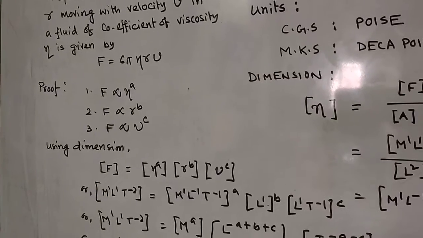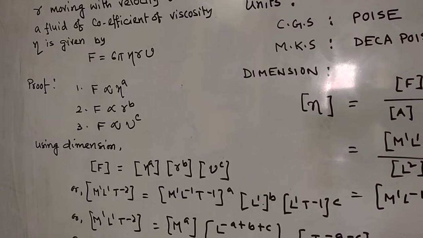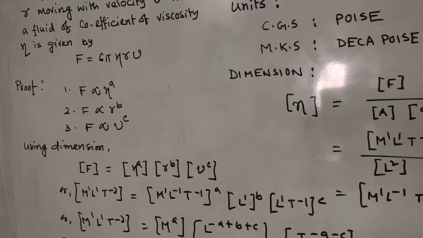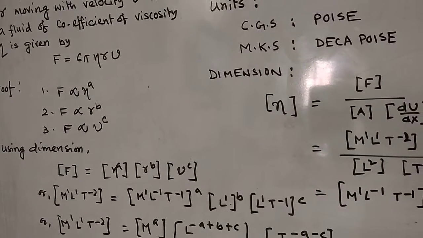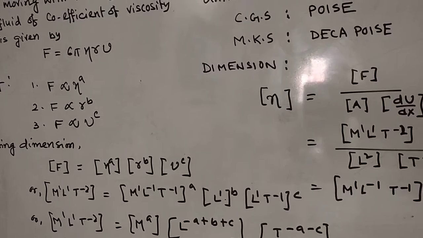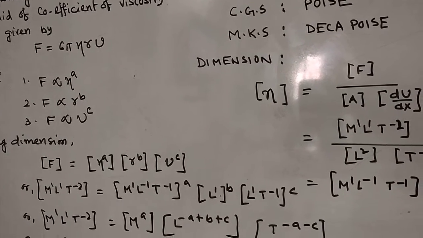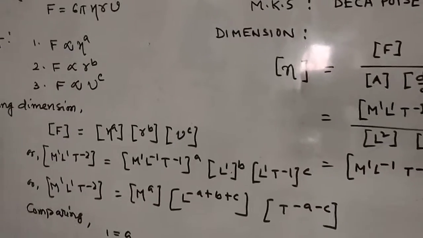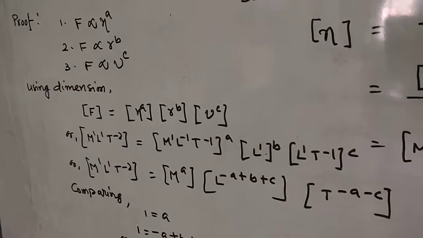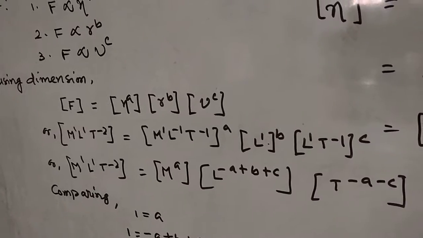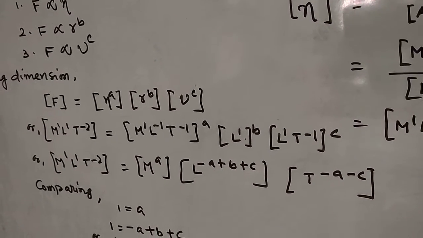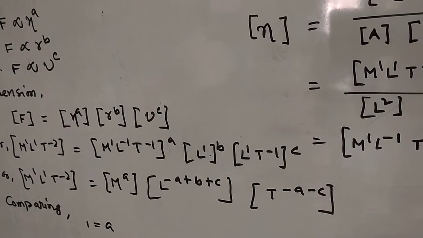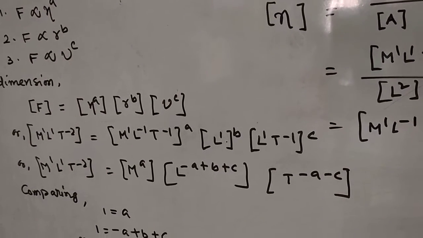So using dimensional analysis, you can write F within the third bracket to define the dimension of F: eta to the power a with dimension, r to the power b with dimension, v to the power c with dimension. Substitute the formula for F, M1 L1 T minus 2, equals eta dimension M1 L minus 1 T minus 1 to the power a, L1 to the power b, and L1 T minus 1 to the power c.